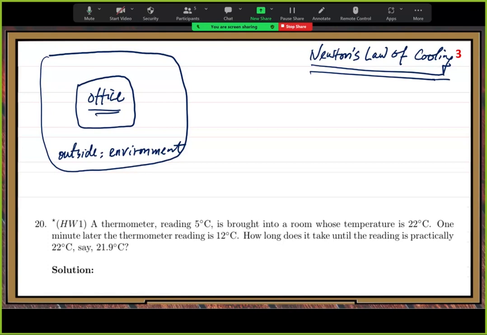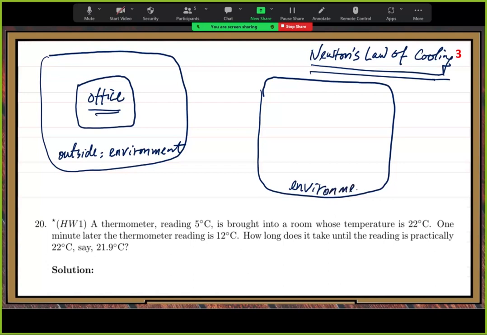Now we get to this question. What's the situation in this question? This time, we have an environment. So what's that environment? We bring a thermometer from outside into the room.